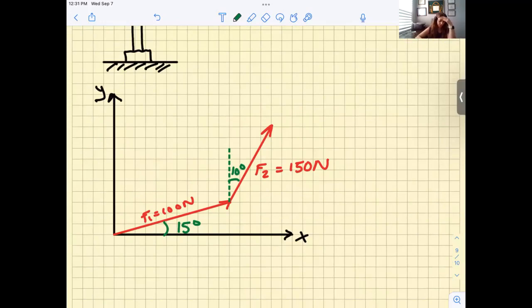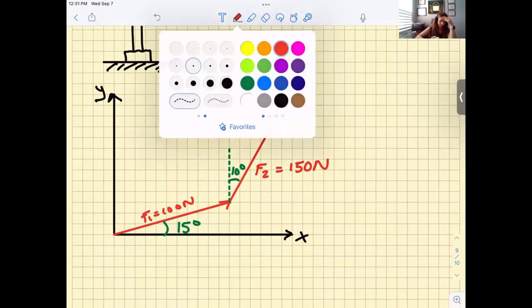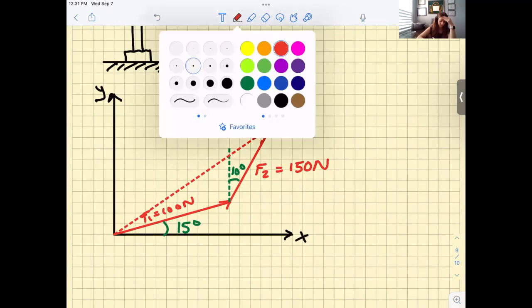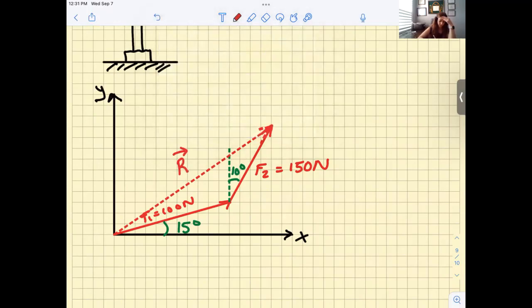And so your resultant force starts where you started and ends where you ended. And that's what we're looking for. Questions about how I drew that?